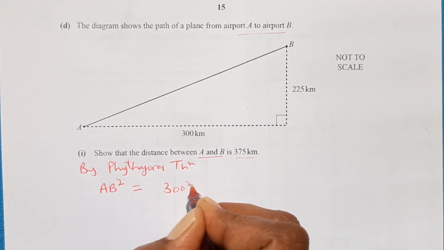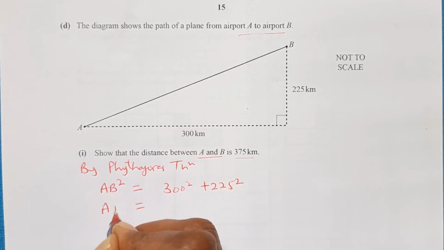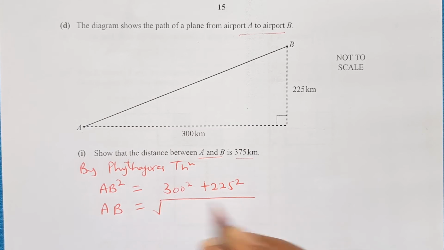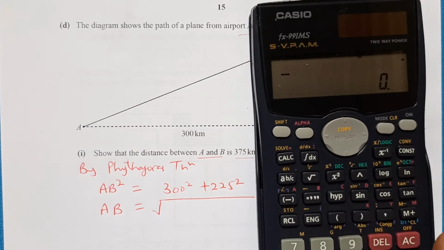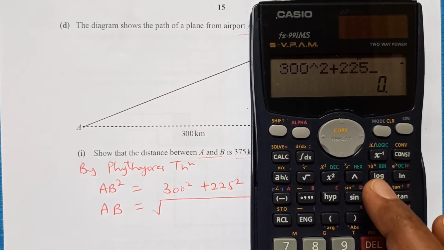So 300 squared plus 225 squared. So AB will be the square root of 300 squared plus 225 squared.